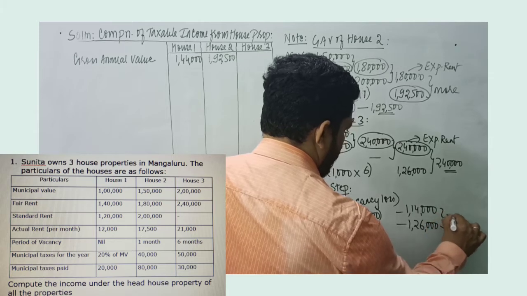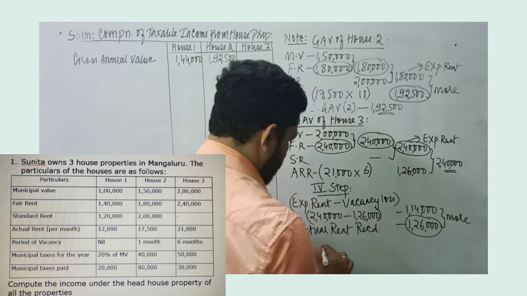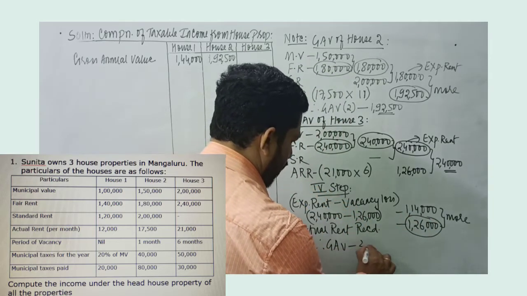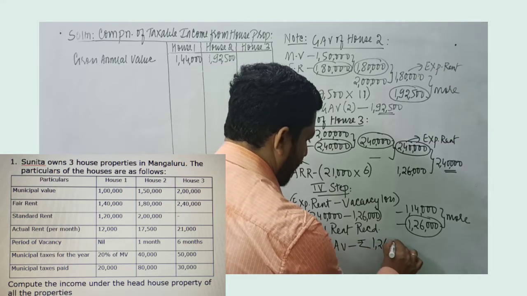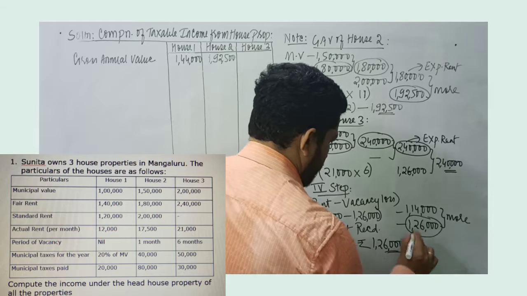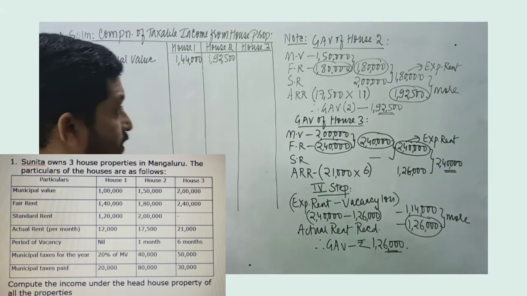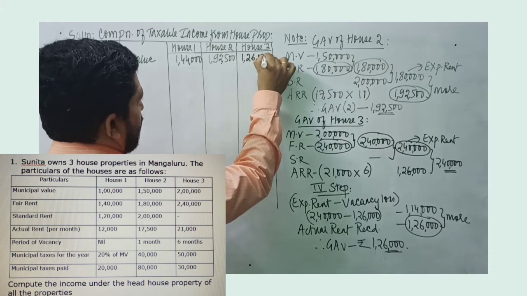Among the two, whichever is more. We know that 1,26,000 is more. Therefore, GAV of house 3 would be 1,26,000. So I record over here 1,26,000.